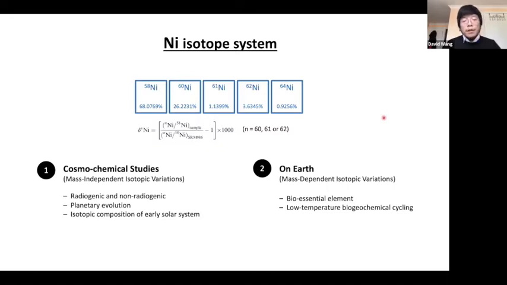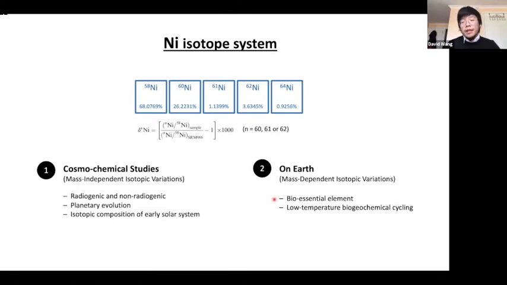In nature, nickel has 5 stable isotopes, and we usually express nickel as delta 60/58Ni compared with a reference material. In the 1960s to 80s, a lot of effort was put into the mass-independent isotope variation of nickel, focusing on cosmochemical studies to understand planetary evolution or the composition of the early solar system.